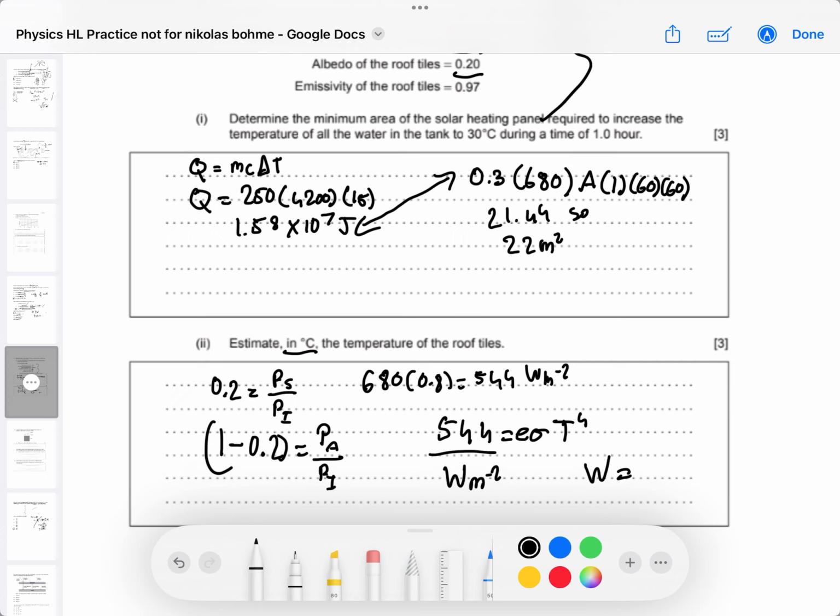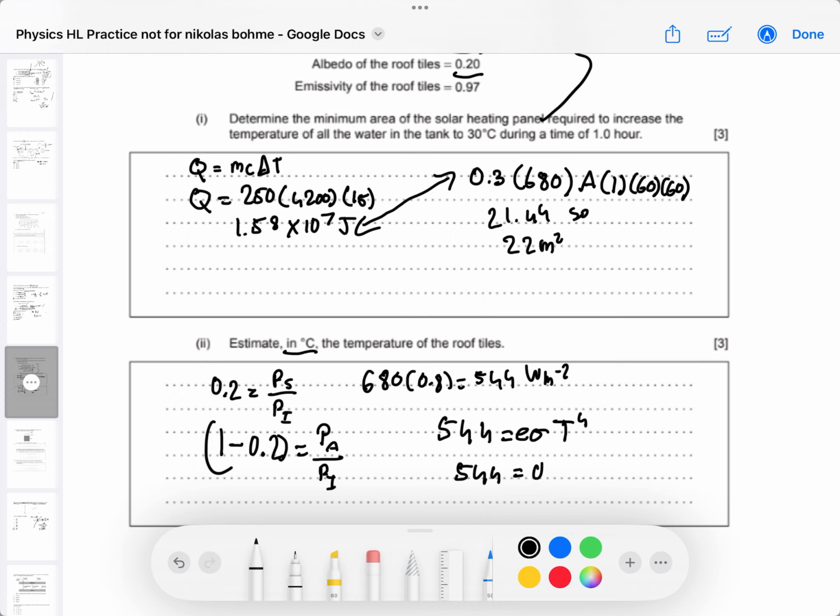As power is directly proportional to area, if we divide watts by the unit of area, meter squared, we get watts per meter squared, which is the unit of intensity. So that's why we don't need an area. We've already divided by it. Now we just have to substitute in our values.